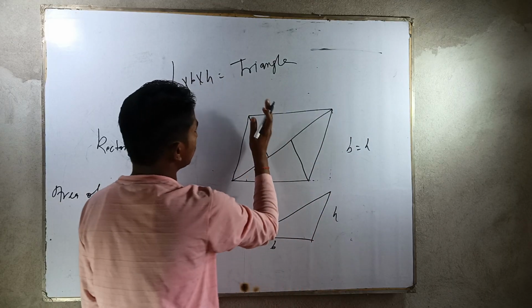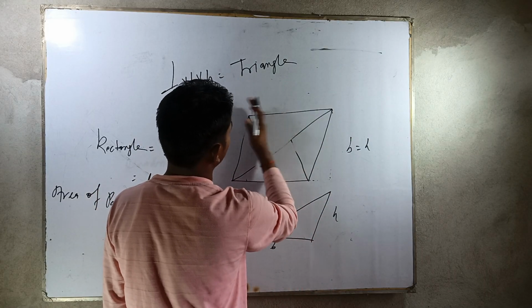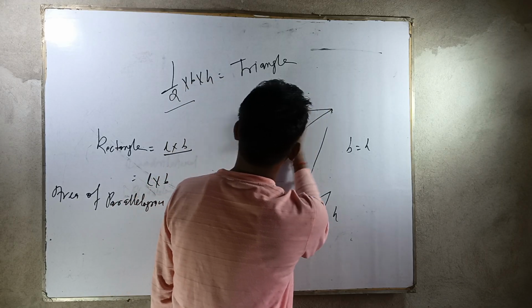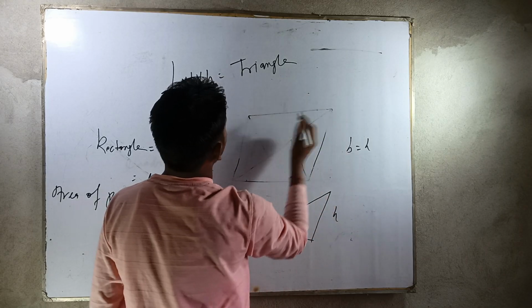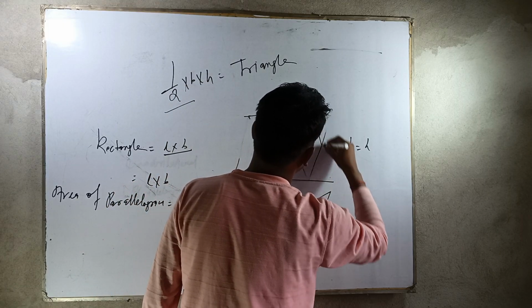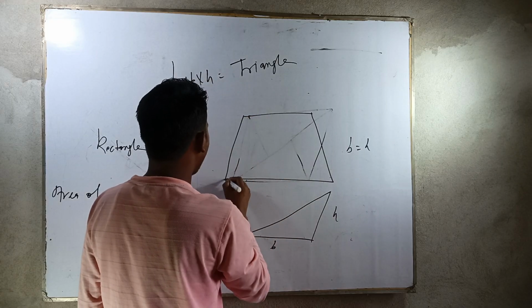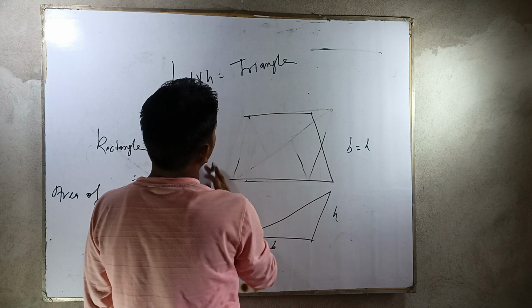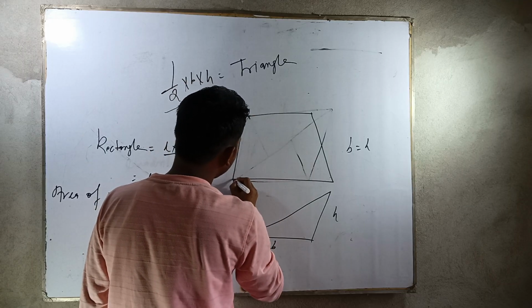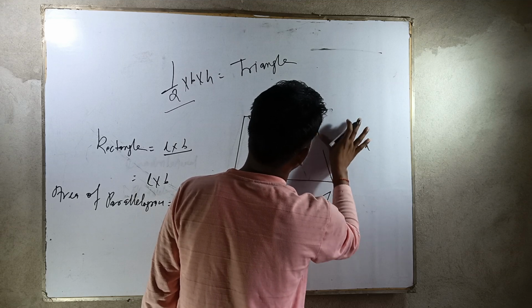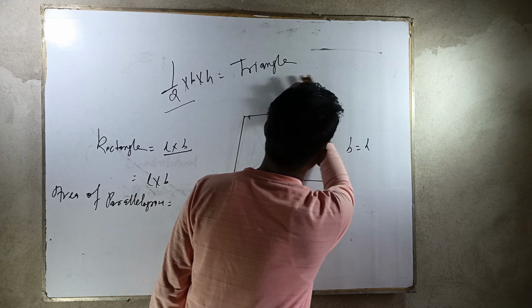Suppose this is another figure like this one, and suppose it is C like this type, then how will I find these types of area?